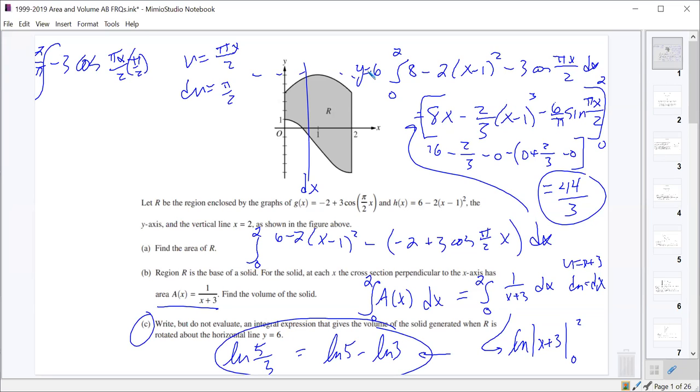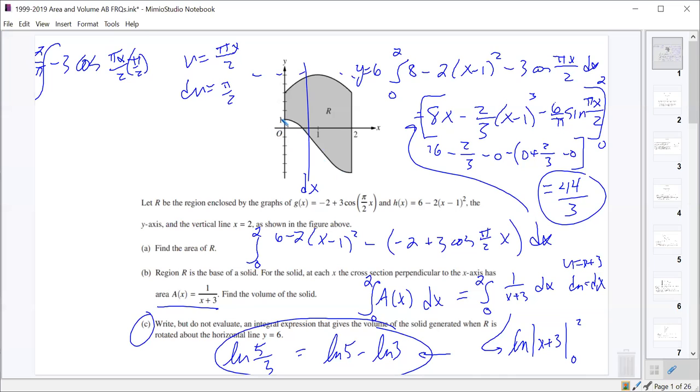Like I said, we should always go to do these with discs or washers. This one will end up being washers, because the region that we're revolving around that axis is not fully pushed up against that axis. Everybody sees that? Okay. So what is our outer radius? It should be the distance from y equals 6 to the lower function.